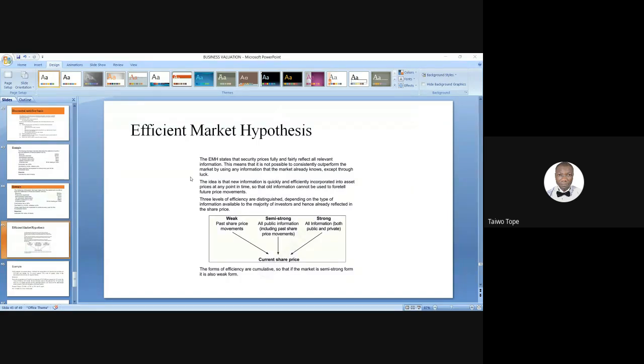So in order to prevent people taking advantage of privileged information, I think there is a topic in FR or corporate reporting that talks about a standard that relates to insider trading and the rest of it, whereby we are not permitted to employ a whole family in an organization, because the family can take advantage of such information and do well, do good to themselves at the expense of the business.